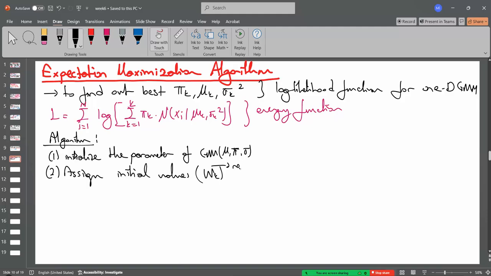This is called the responsibility. It is just kind of like the gradient of a neural network.